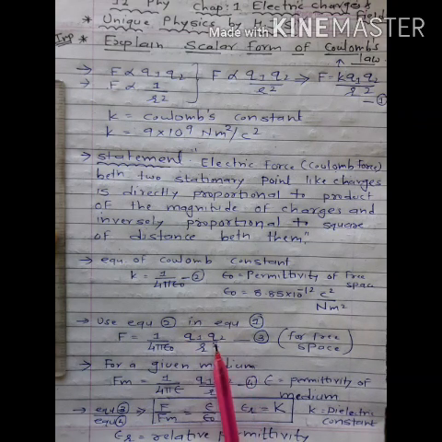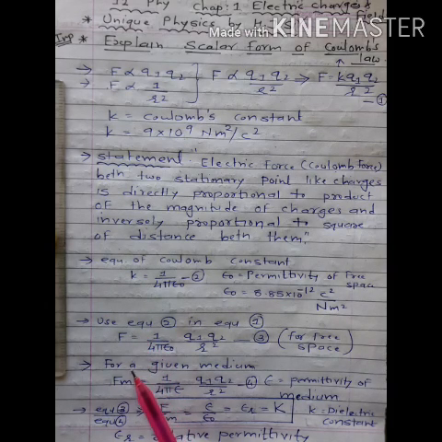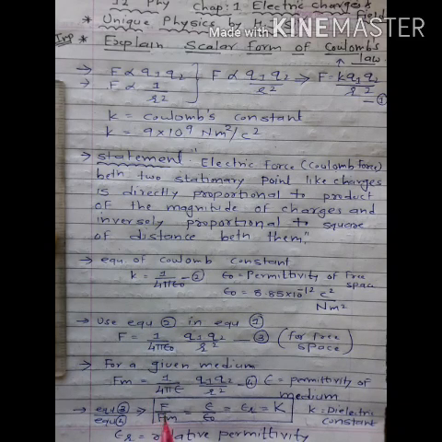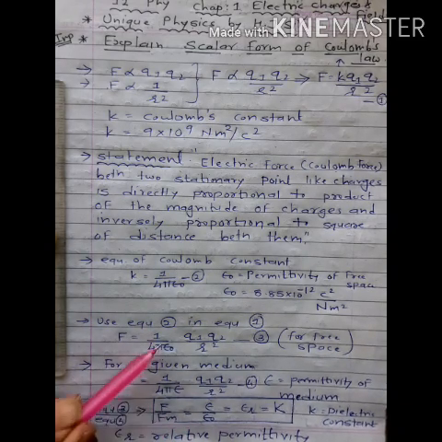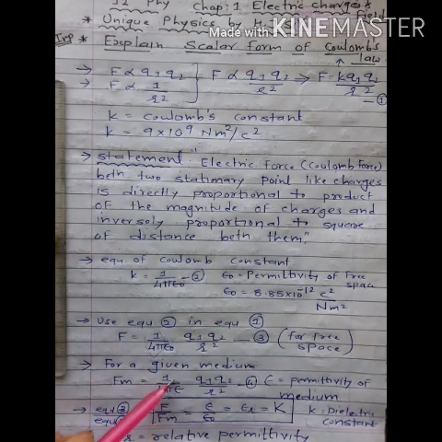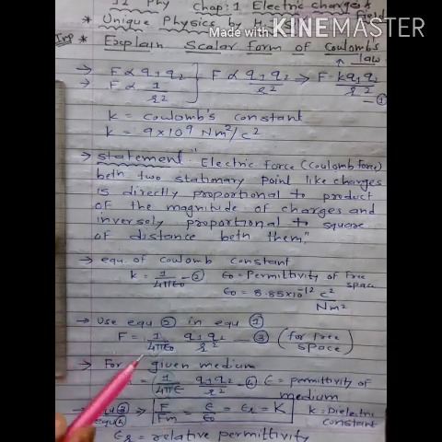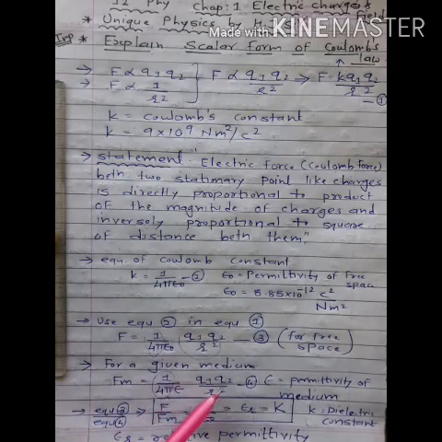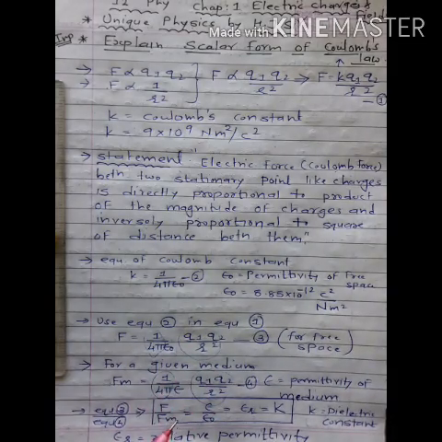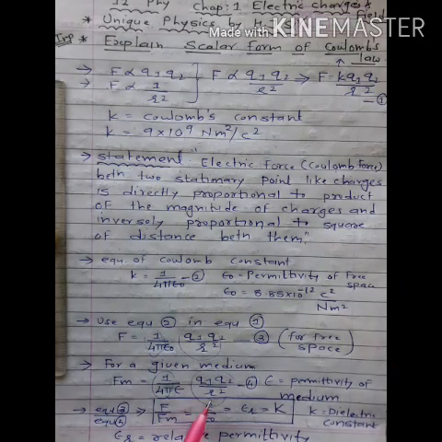Now equation number 3 divided by equation number 4. So if we consider ratio of 3 by 4, we can find F upon Fm. F upon Fm is equals to, here we have 1 upon 4 pi. So 1 upon 4 pi will cancel out. This term q1 q2 upon r square will also cancel out, and we have only epsilon upon epsilon 0.